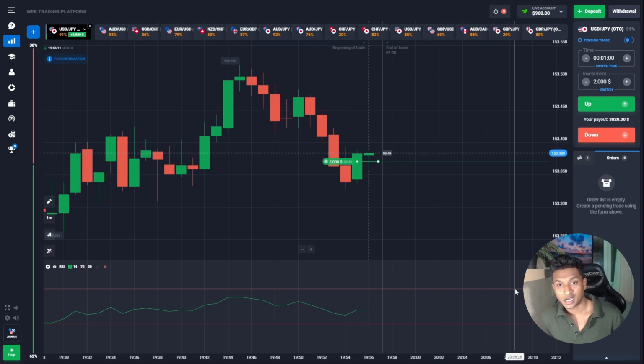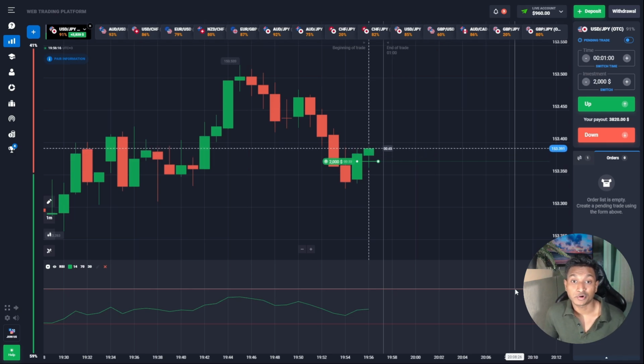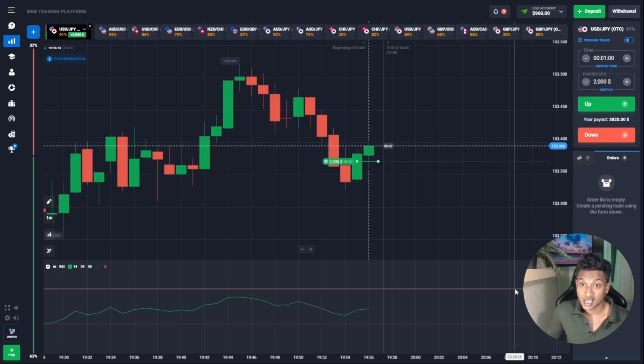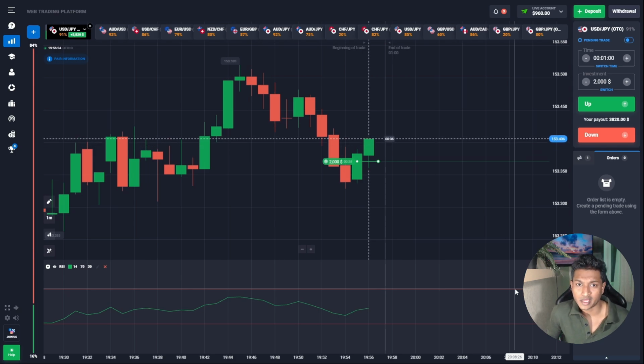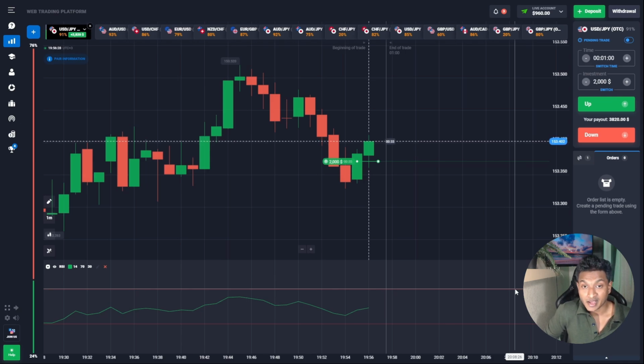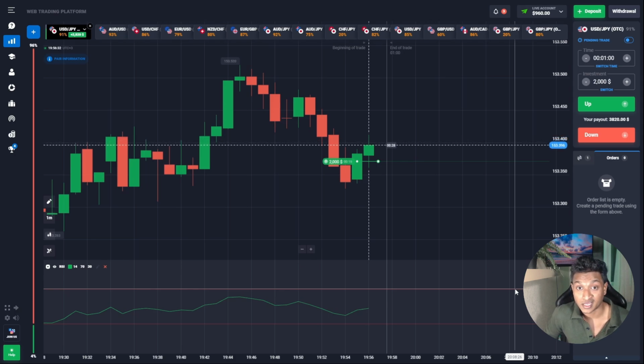That's why I took the risk and put my $2,000 into the risk. We should take risks sometimes to make a lot of profit. My mission, vision, and goal is at the end of the day to make a really good profit guys.